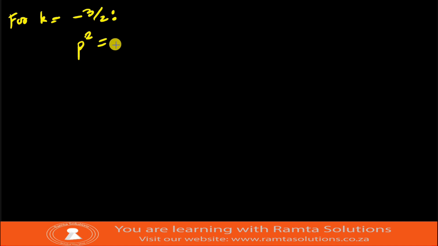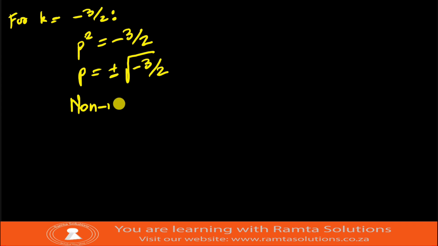So this means p squared equals negative 3 over 2. You know very well that this will be plus minus the square root of negative 3 over 2. This has a non-real solution, alright? So it's non-real, I'm not going to worry about it.